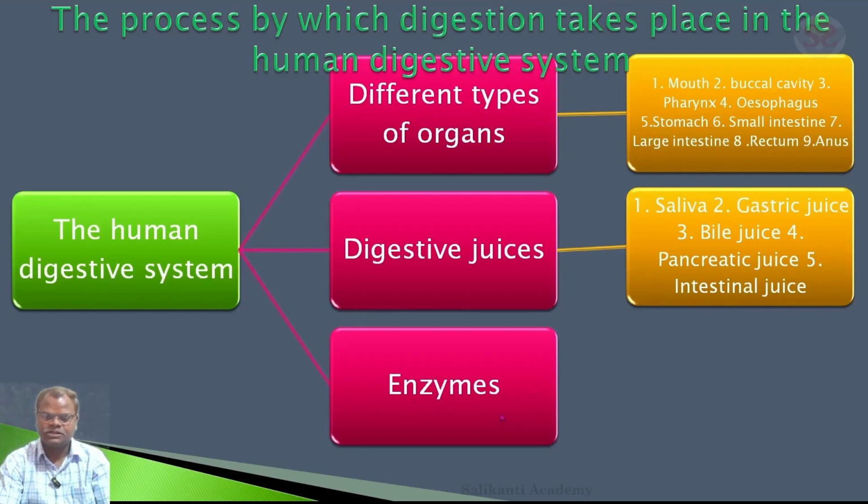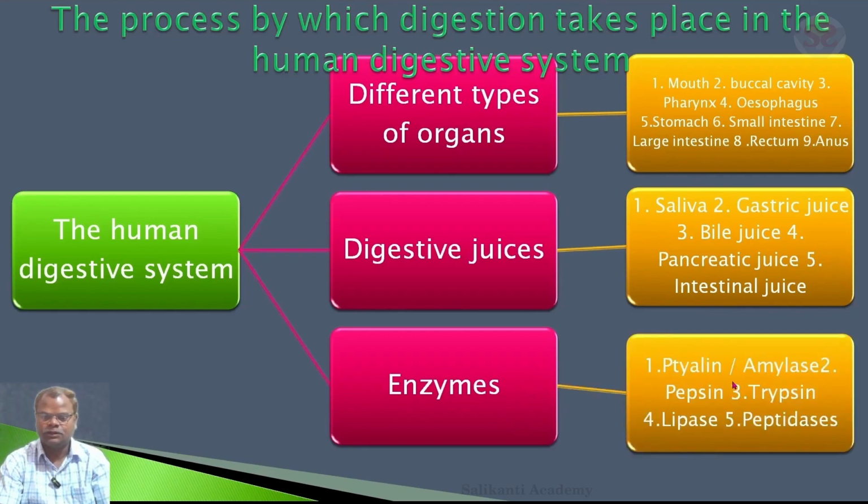Which enzymes are present in digestive juices? Ptyalin or amylase enzyme, pepsin, trypsin, lipase, peptidases. Students, you remember these things, they are very important in the digestive system.